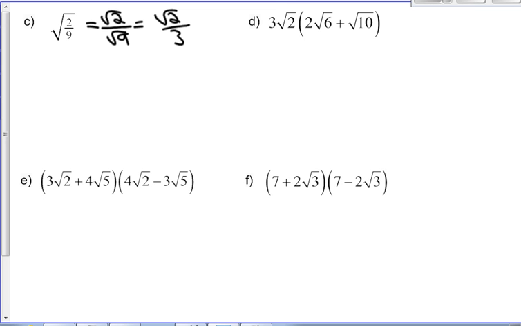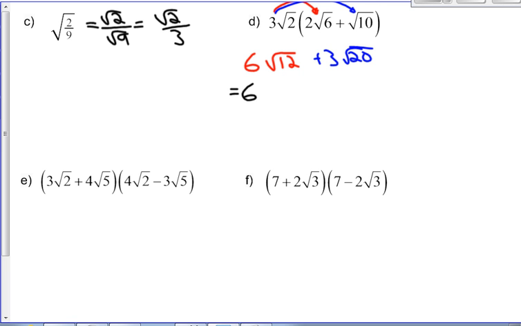The distributive property still holds. So in D, I'm going to multiply by this. So 3 times 2 makes 6. Root 2 times root 6 makes root 12. And I'm going to distribute my 3 root 2 by root 10. And that's going to give me 3 root 20. And I never give up an opportunity to simplify.